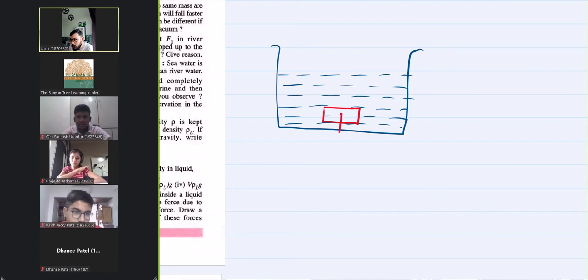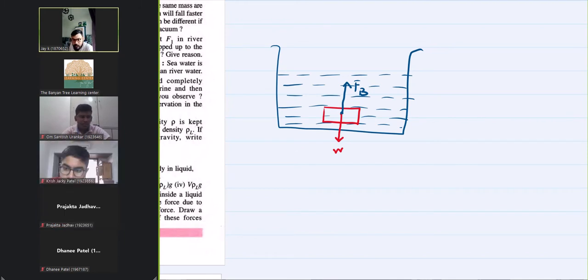एक तो होगा उसका खुद का weight which is gravitational force, और दूसरा होगा upthrust that is due to the water. ठीक है, ये दोनों फोर्स इसके ऊपर एक्ट करेंगे, राइट? Yes, sir. Okay.